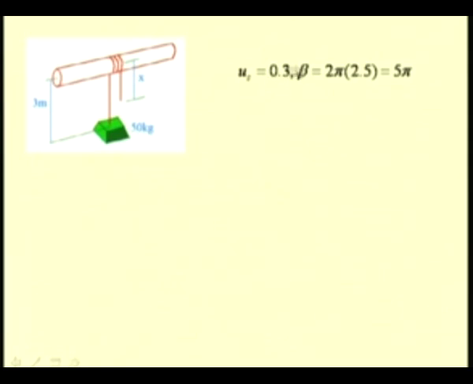So, we find the angle of wrap is 2 pi times theta, where theta is here 2.5 times of wrapping. So, it becomes 5 pi. So, for this case the angle of wrap is 5 pi.